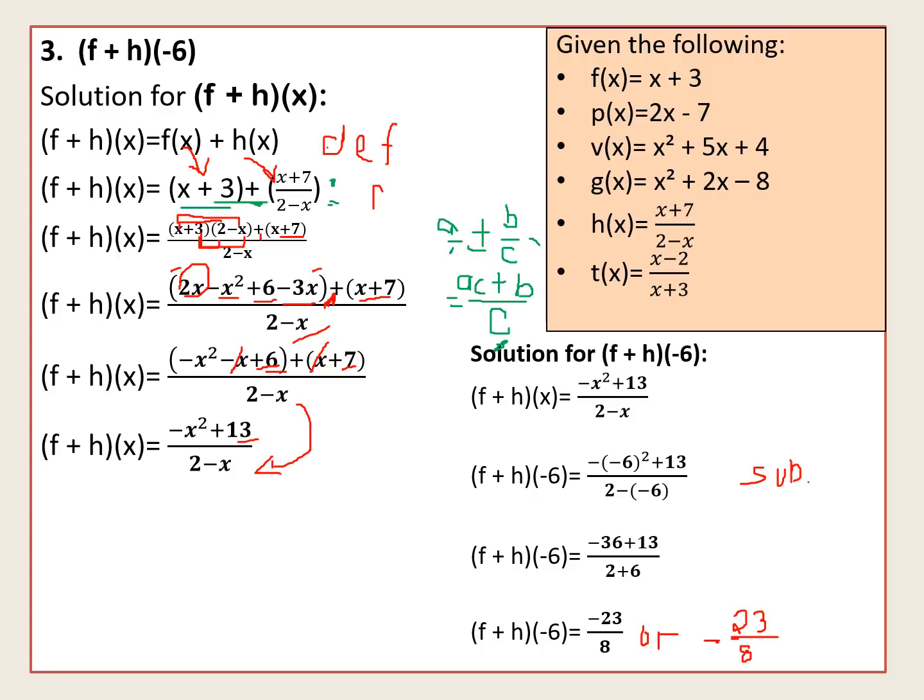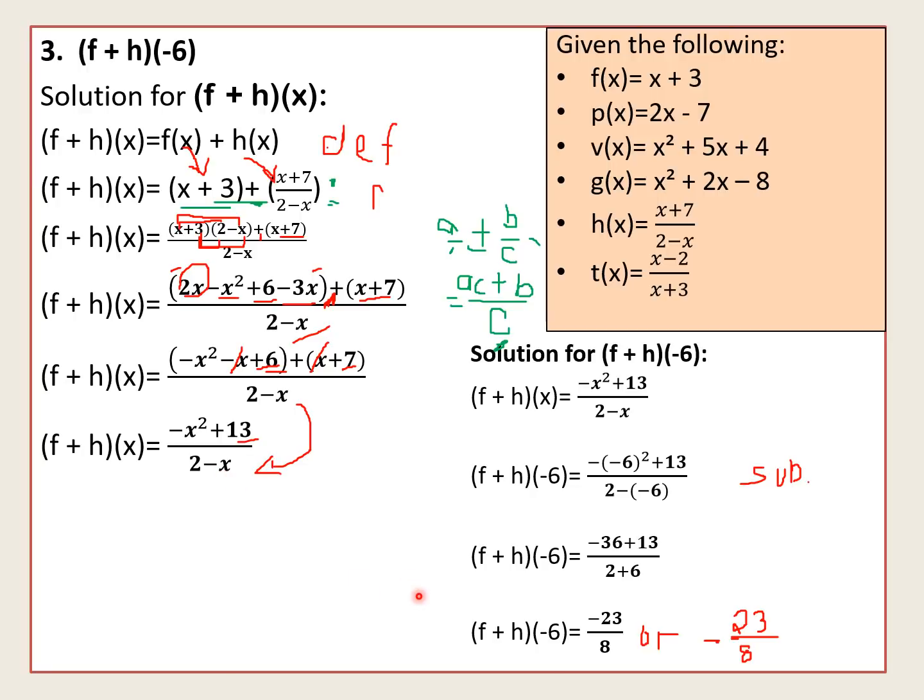Okay? So, if I am going to ask you what is f plus h of negative 6, you're going to give me negative 23 over 8. But, if I am going to ask you what is the sum of f and h, you're going to give me this value, which is negative x squared plus 13 over 2 minus x. So, ulitin ko lang po, the value of f plus h of x, hindi pa natin nilagay si x, it is negative x squared plus 13 over 2 minus x.